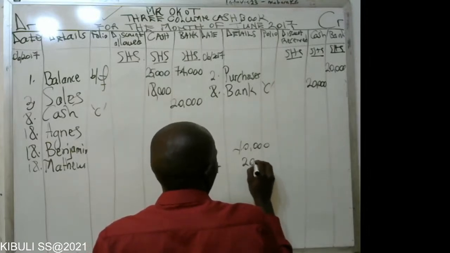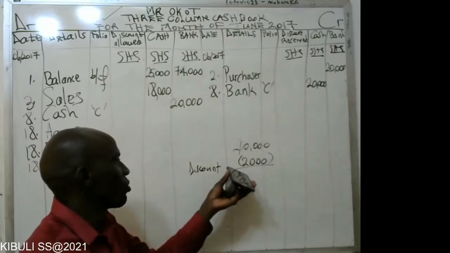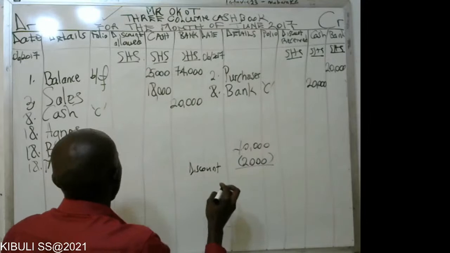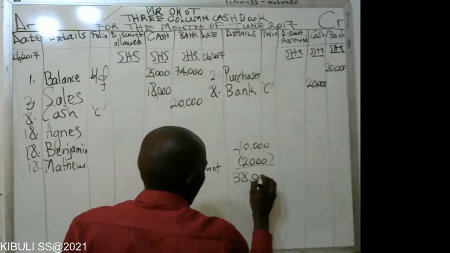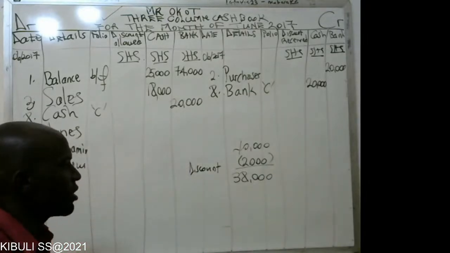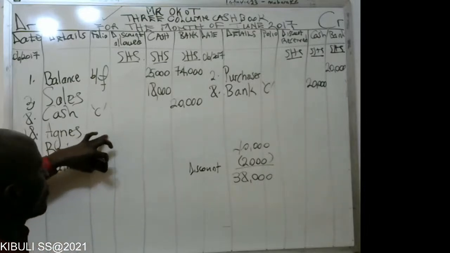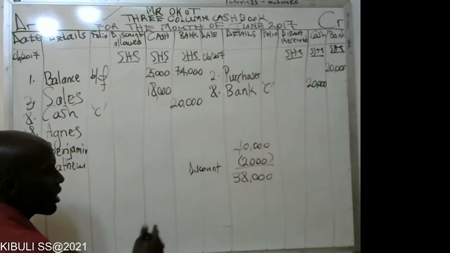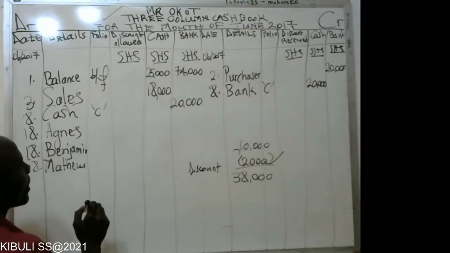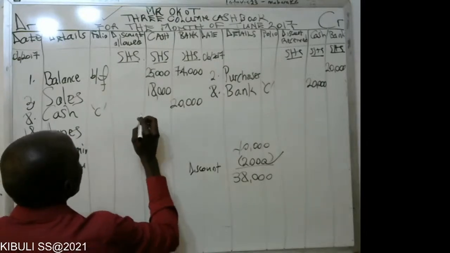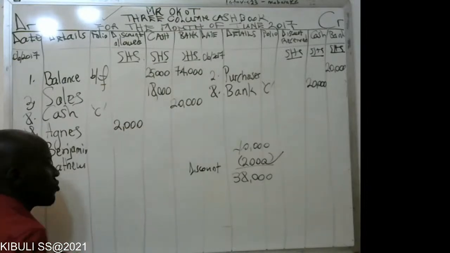So, if you allowed Agnes a discount of 2,000, when you remove 2,000 from 40, that means Agnes is going to pay us 38,000 shillings. So you come and record. In line with Agnes's name, discount allowed, how much is it? 2,000. It represents the 5% of 40,000. So you come in your discount column and record 2,000 shillings.